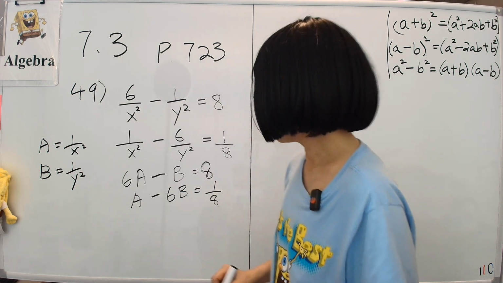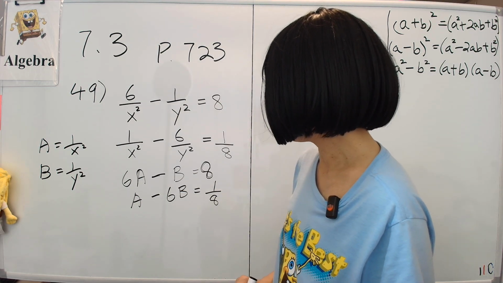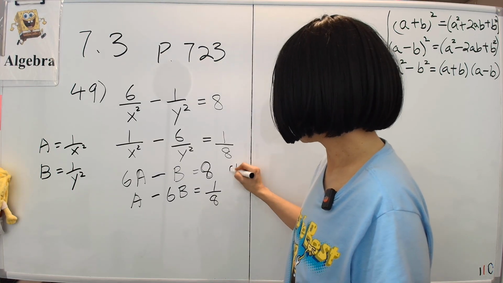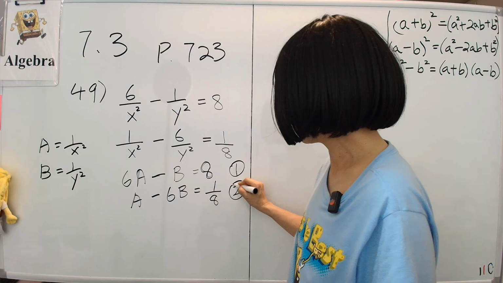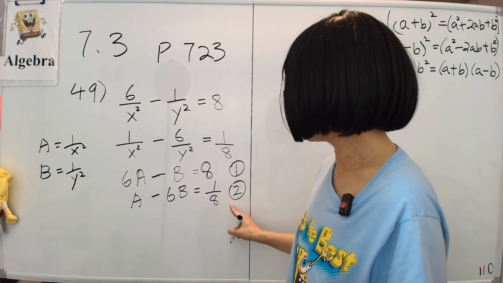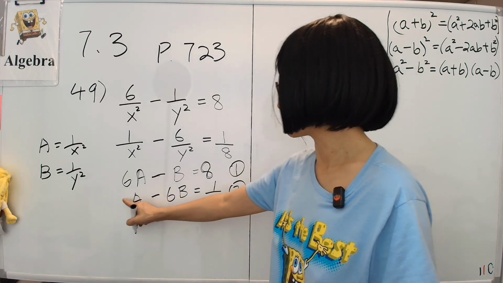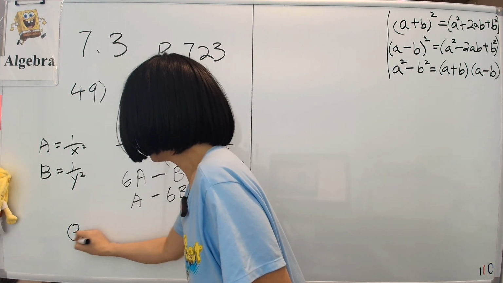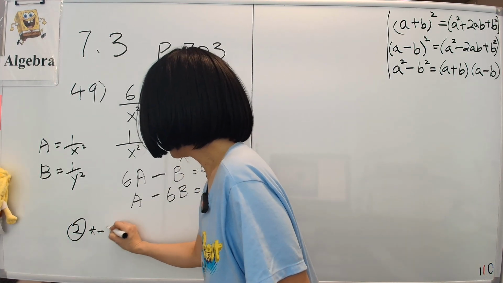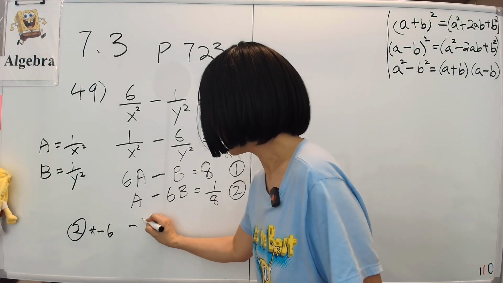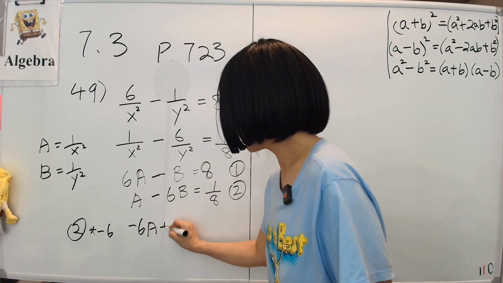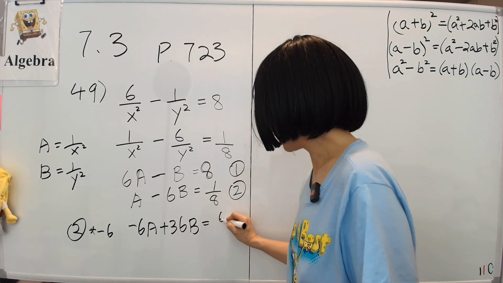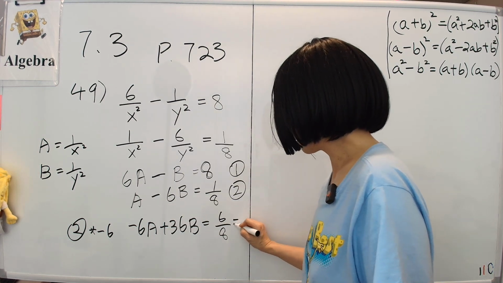Okay, so this is equation 1, and we'll call this equation 2, and we'll take equation 2 and multiply it by -6 to get rid of the a's. That becomes minus 6a plus 36b, which equals 6 over 8, which is the same as 3 over 4.